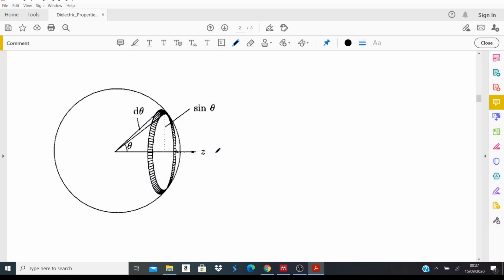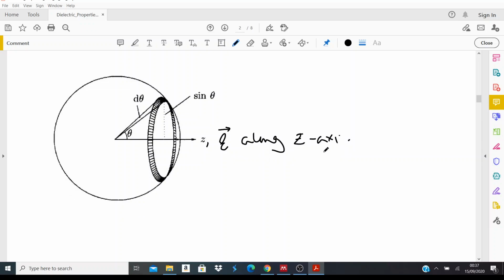When you apply some electric field, the dipole moments will try to align. Some of them will, but let's try to understand if we apply some electric field along the z direction, right? Because we need to apply the electric field to align the dipoles, and in this discussion, let the direction of E be along the z axis.